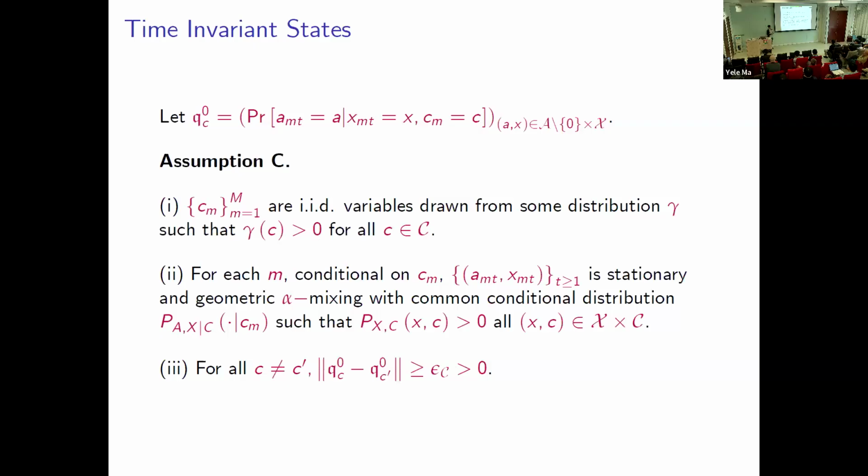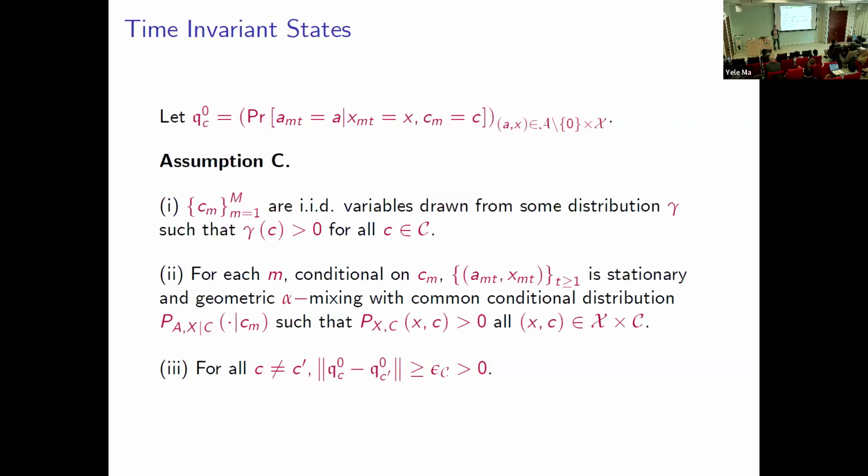Then the assumptions that we're going to impose here are the following. Firstly, before I mention that, I want to denote the true CCPs that we don't see by Q0. And the assumption is that across M, the assignment of types is IID. And the second condition says that conditioning on CM, the process A and X is a nice process.